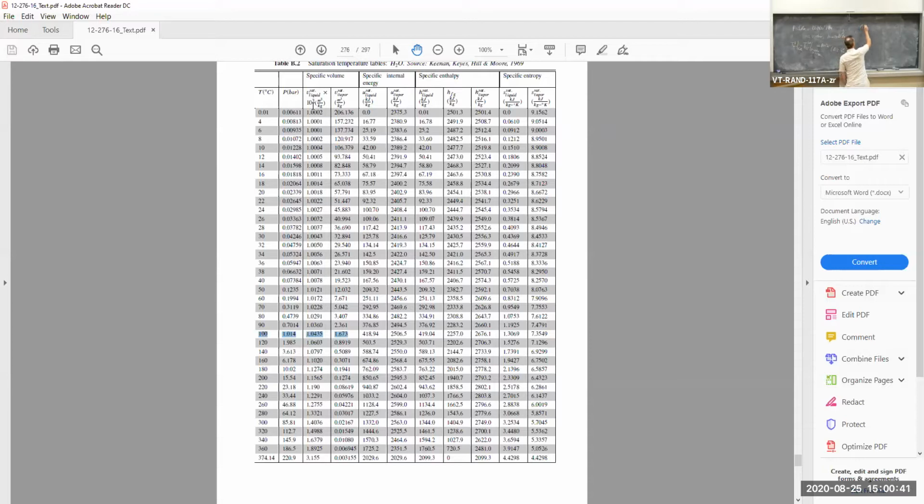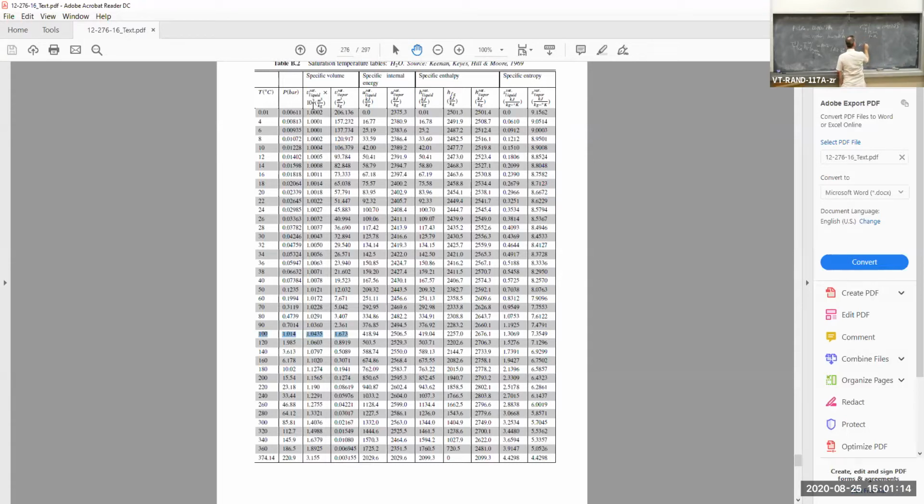That's the specific volume of the saturated liquid evaluated at a temperature of 100 degrees C. By the way, that's also equal to a pressure of 1 atm. It is 1.0435 times 10 to the minus 3, and that has units of cubic meters per kilogram.